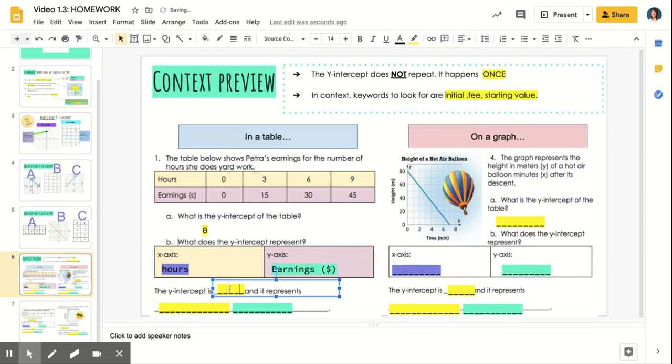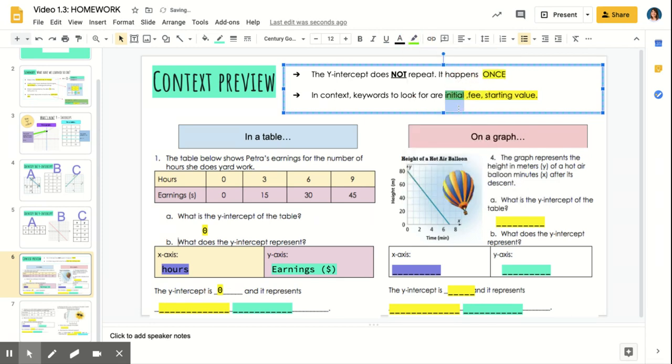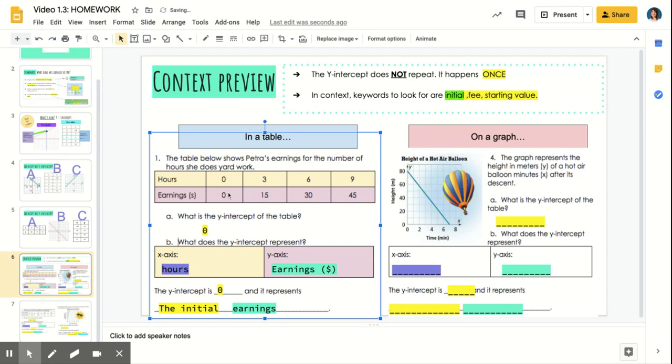So here's what we say. The y-intercept is 0, and it represents, we use that keyword. The keyword I always like to stick with is this one. It's initial. You can change it up, but I like to keep it simple. The y-intercept is 0, and it represents the initial. And let me just say what the y-axis is, earnings. So initially, Petra earned $0.